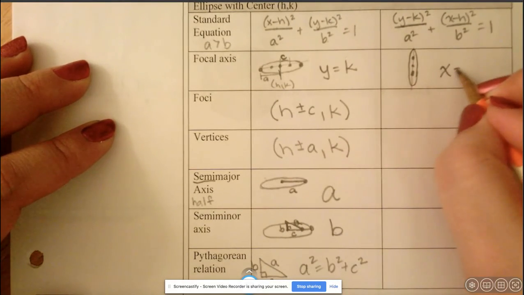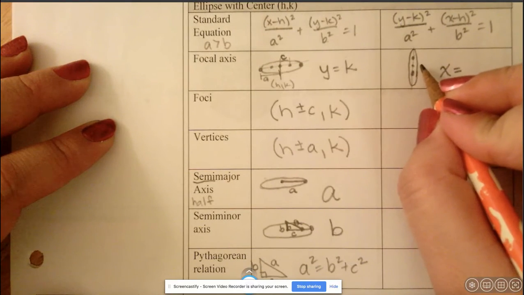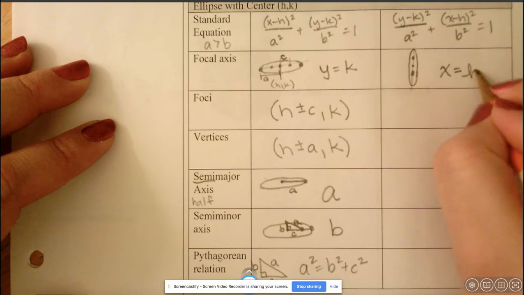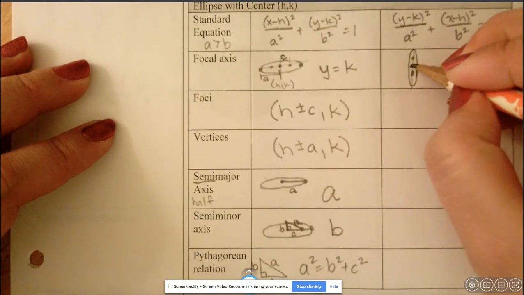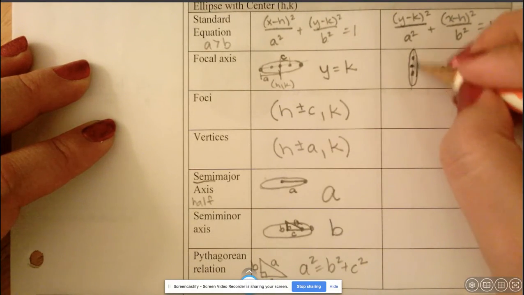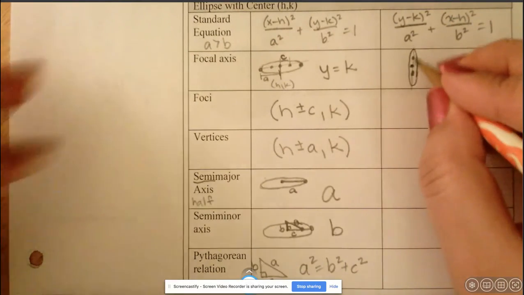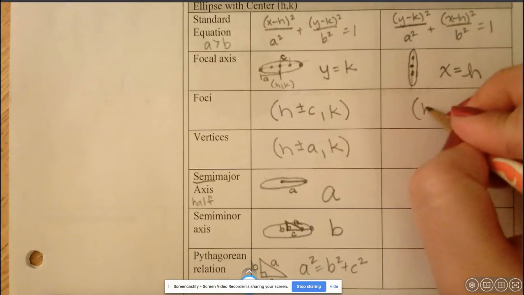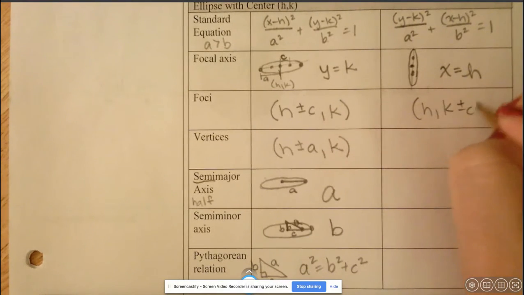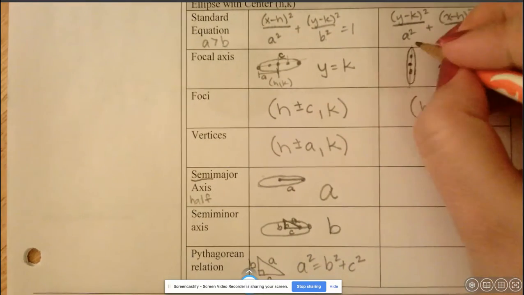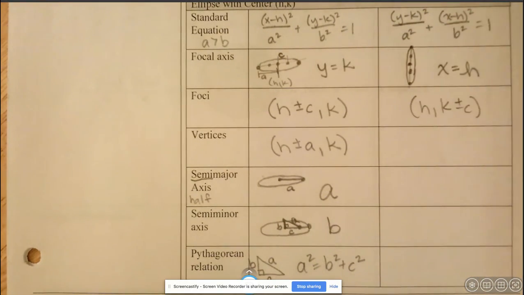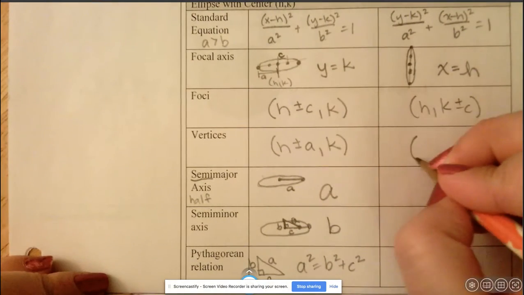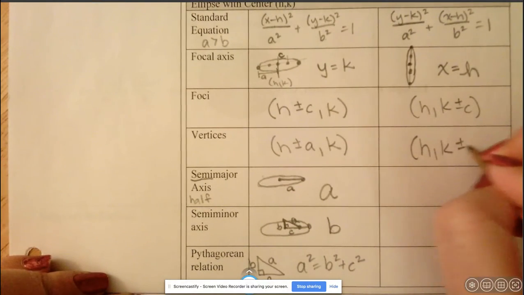So x equals, and where it is horizontally is how much it has shifted. x equals h. From our center, which is h, k, we have our focal distance of c, and it's changing our y values. So we have h, comma, k plus or minus c. And our vertices, again, our greatest distance is still called a. So now we have h, comma, k plus or minus a.